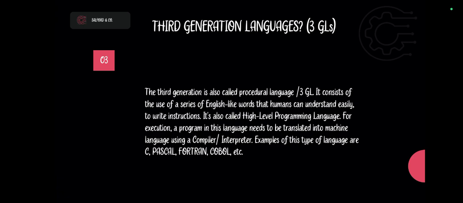Second, there are fewer lines of code compared to the second generation language. Third, the same code can be copied to another machine and executed on that machine by using a compiler specific to that machine. The disadvantages of the 3GLs: first, a compiler or interpreter is needed, and second, different compilers are needed for different machines.